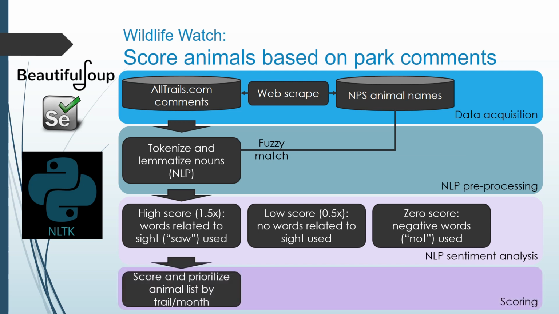So in the end, I'm getting a score for each animal for each month and trail in a national park. So for each of the trails in the national parks for any month of the year, I have a prioritized list now for which animals are most likely to be seen based on their scores.